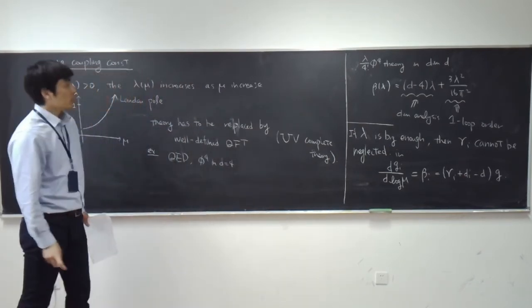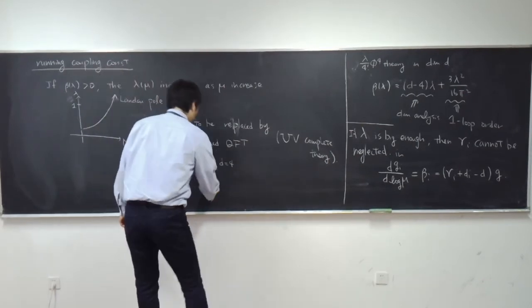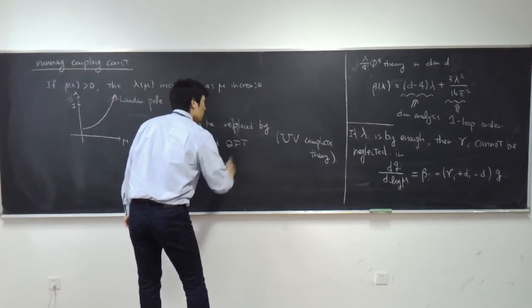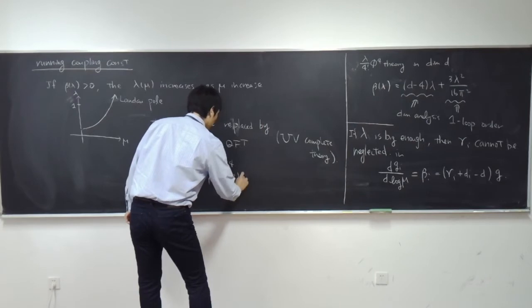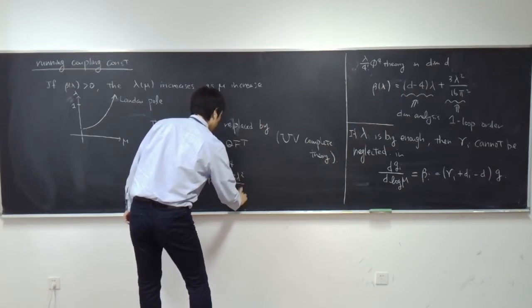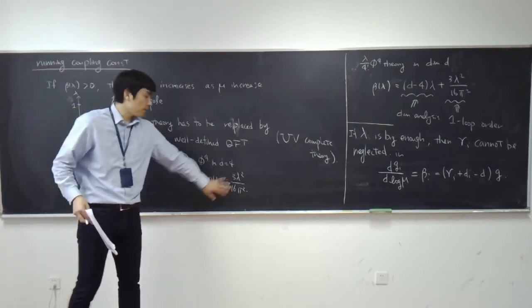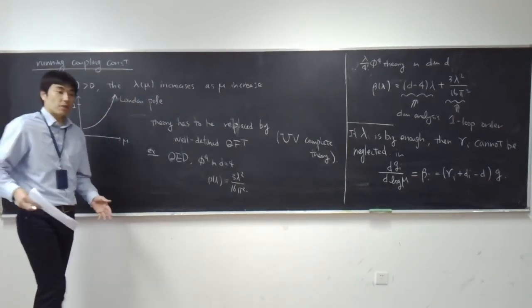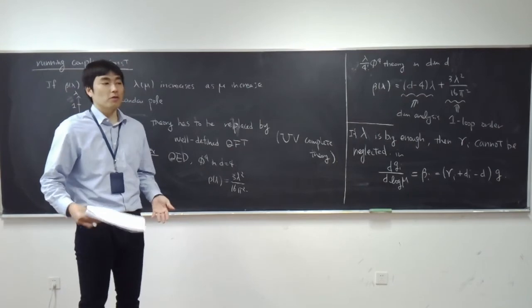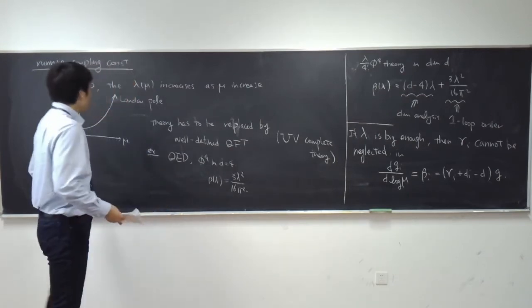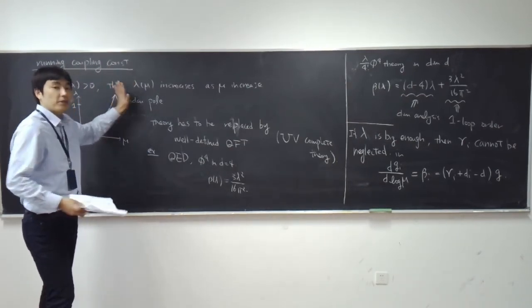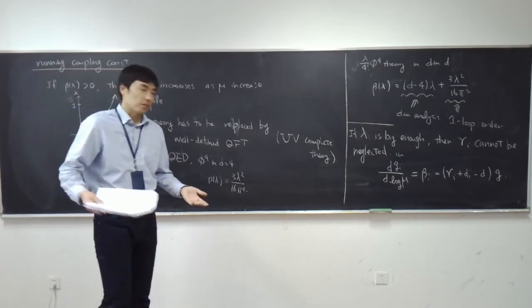We already see that the beta function in D=4 of lambda is, as I write down, 3 lambda squared over 16 pi squared. So it's a positive value, and some non-perturbative analysis, so-called lattice calculation and so on, will tell us that even going to the strong coupling regime, the beta function is always positive.